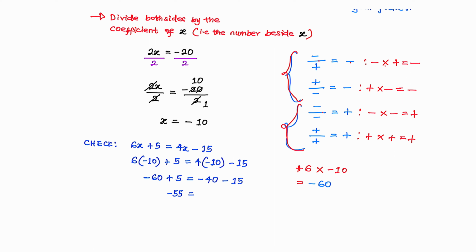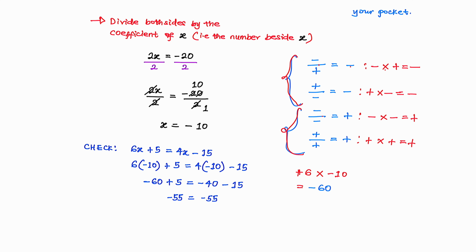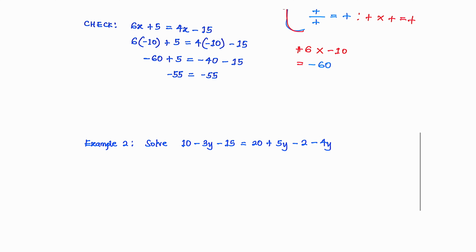That means you are owing $40. You are also owing $15. That means you are owing a total of $55. So we can say that the left side of this equation is exactly the same thing as the right side of this equation. That means our answer is correct, which means minus 10 is the correct answer that satisfies this equation. Let's look at another example.